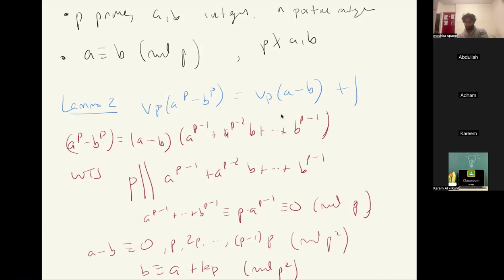And then we start here, yeah. What I'm saying is when we're trying to do induction, we can take the power as p to the power of x, so we take a to the power of p times x minus b to the power of p times x first, and then times whatever is left.